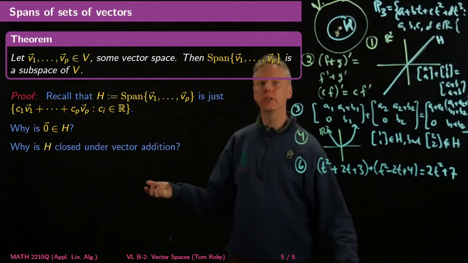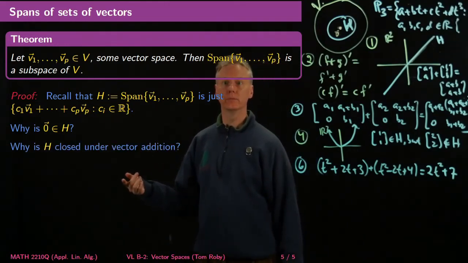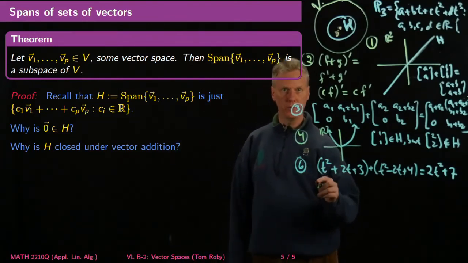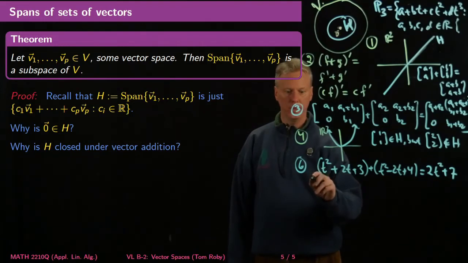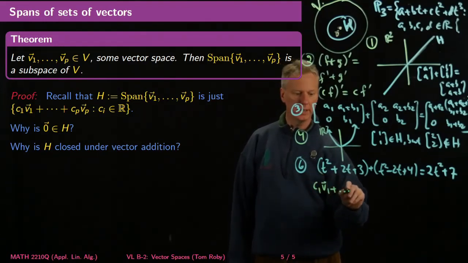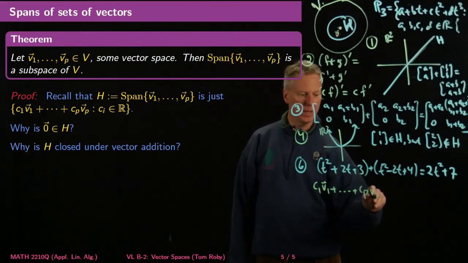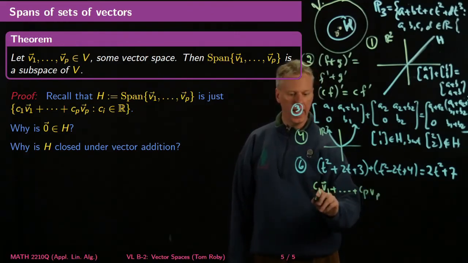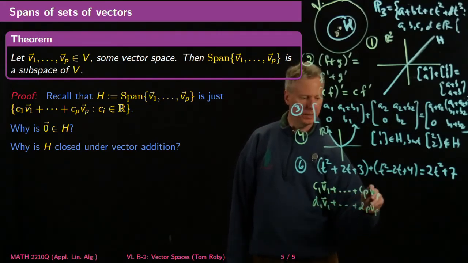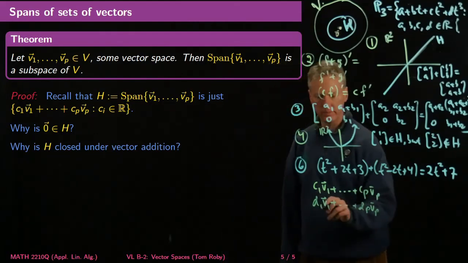Why is H closed under vector addition? Well, if I have c1v1 plus dot dot dot plus cpvp, and I add it to d1v1, some other vector in here, plus dot dot dot plus dpvp, then what do I get?